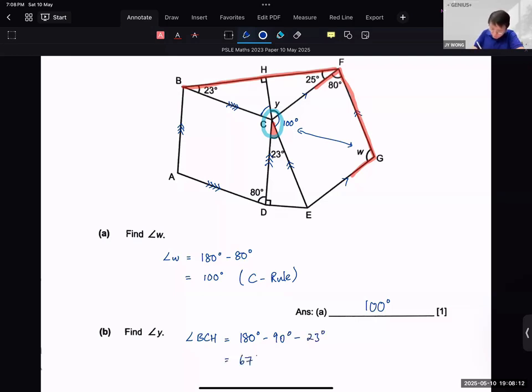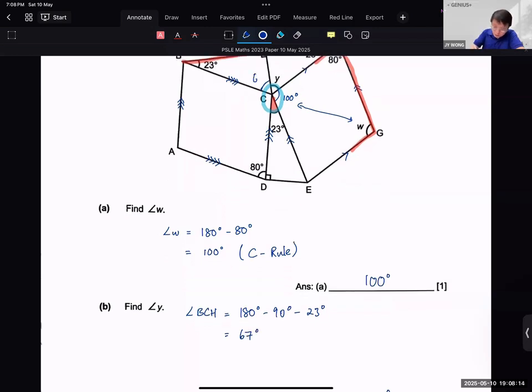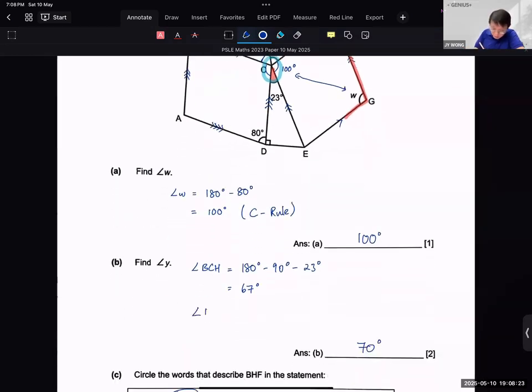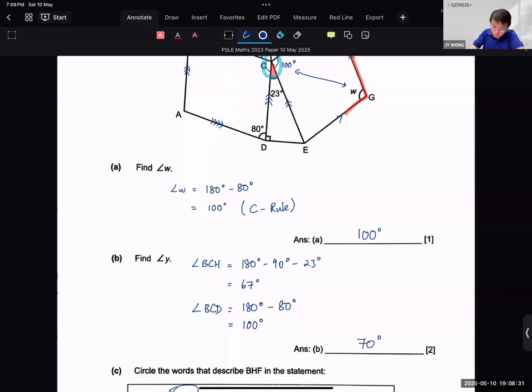So you get 67 degrees. So label the 67 degrees into the diagram. Then you can find this angle BCD. Angle BCD is just 180 degrees minus 80 degrees to give you 100 degrees because, again, interior angles.